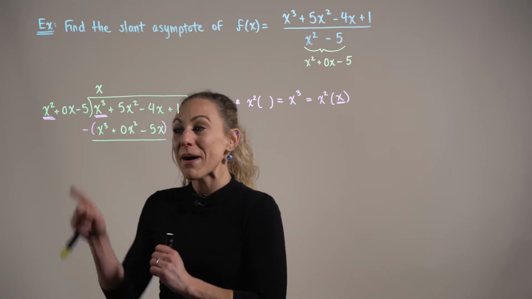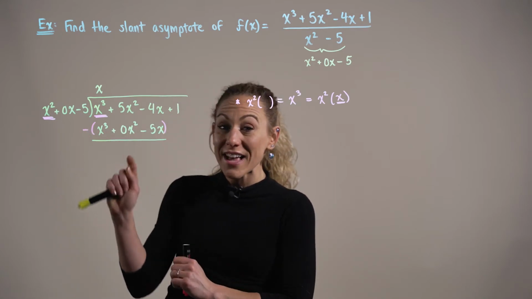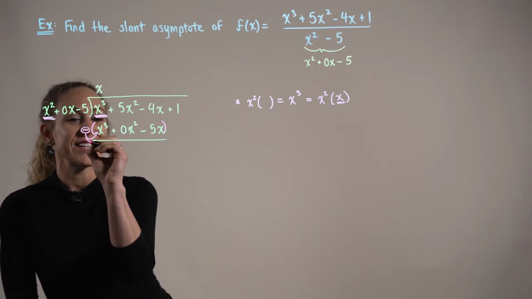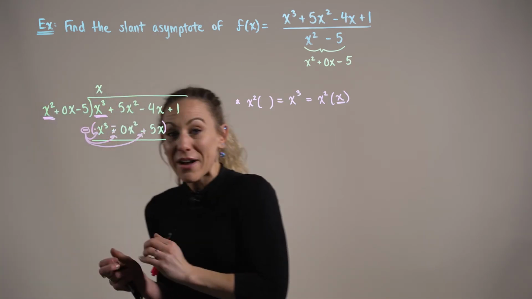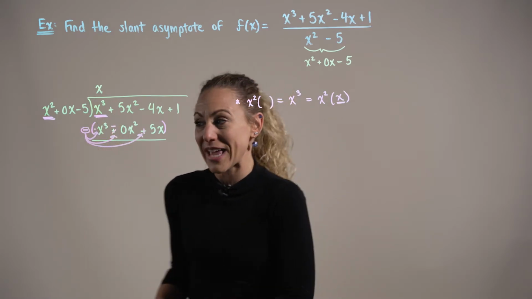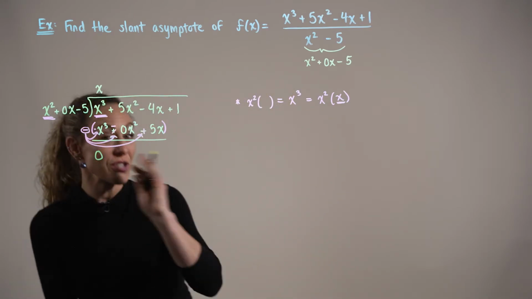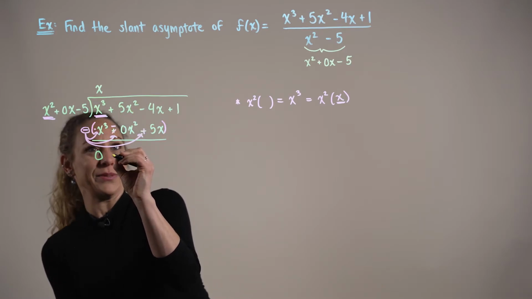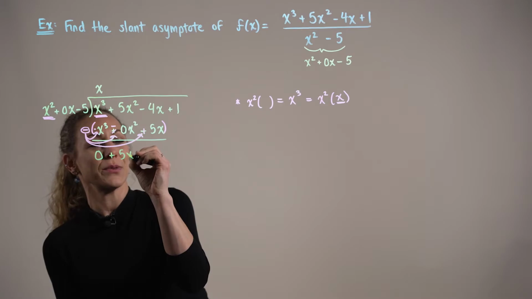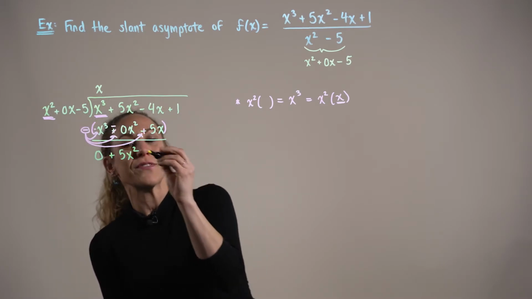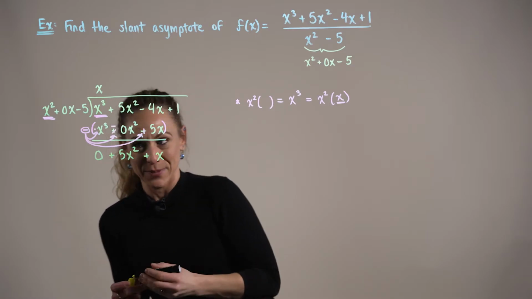So keeping this in mind, this negative is going to change the sign of each of these terms within the parentheses. So now that we've distributed the negative, we can see x cubed minus x cubed will cancel to 0x cubed, or just 0. Then we have 5x squared plus 0x squared, which leaves us with 5x squared. And then we have negative 4x plus 5x, which leaves us with x.